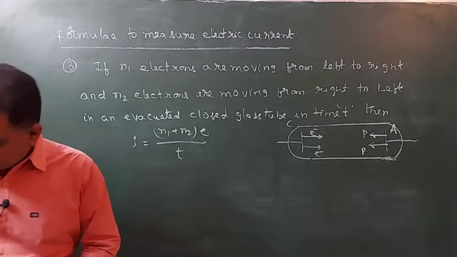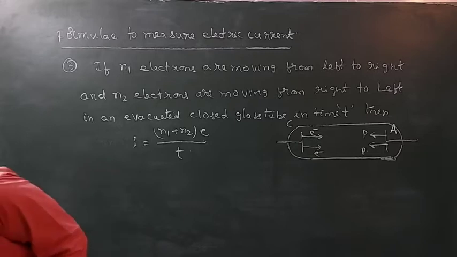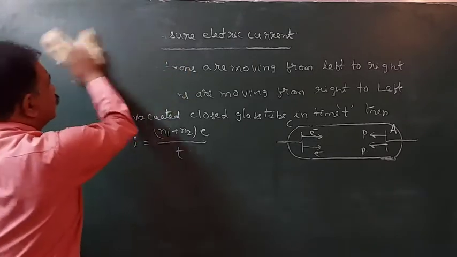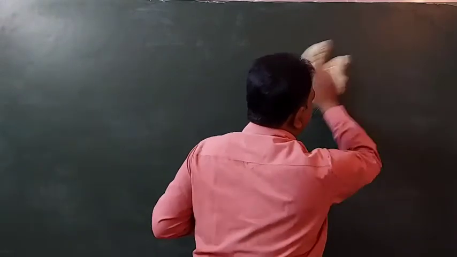Okay. Next, after finishing this, let us see what is meant by drift velocity. Initially, we will first discuss what is meant by current density.